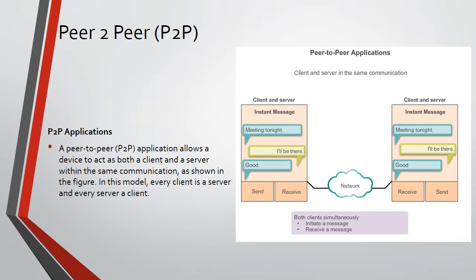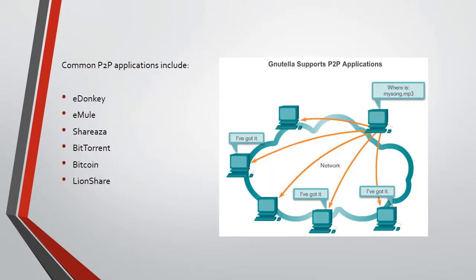A peer-to-peer application allows a device to act as both a client and a server within the same communication. As shown in the figure, in this model, every client is a server and every server is a client. Some P2P applications are based on the Gnutella protocol. They enable people to share files on their hard disk with others.